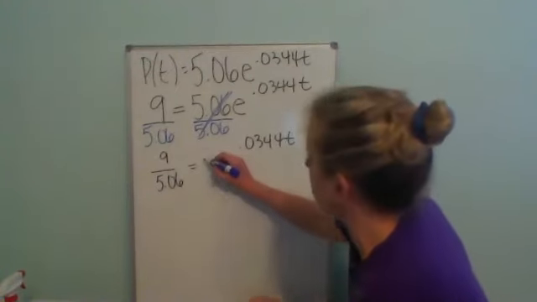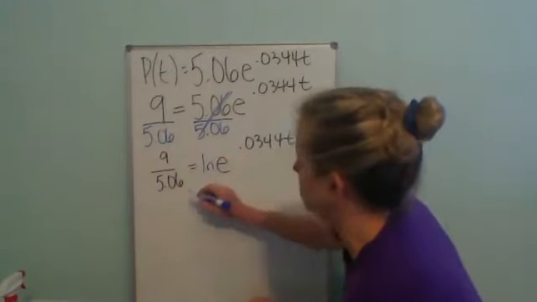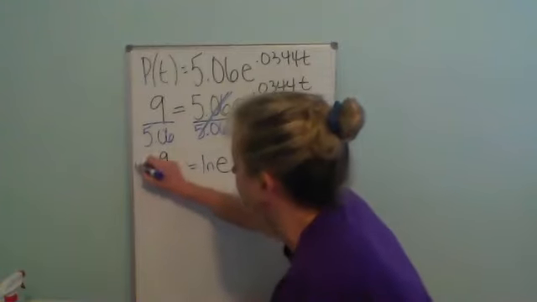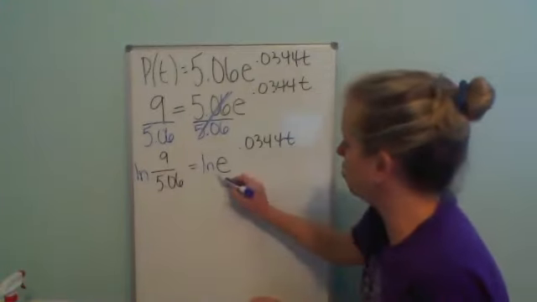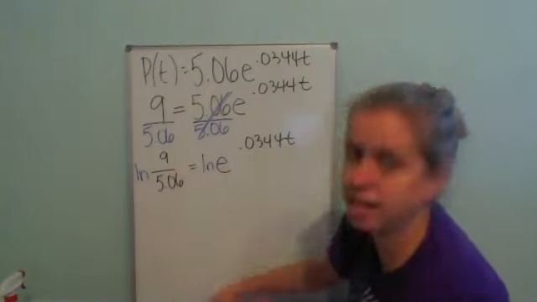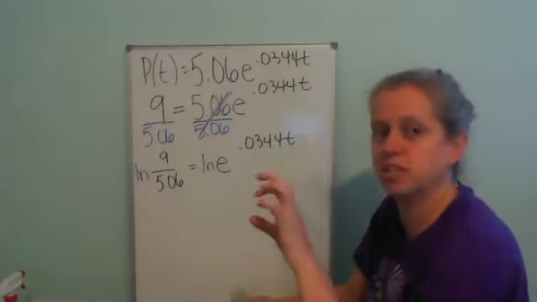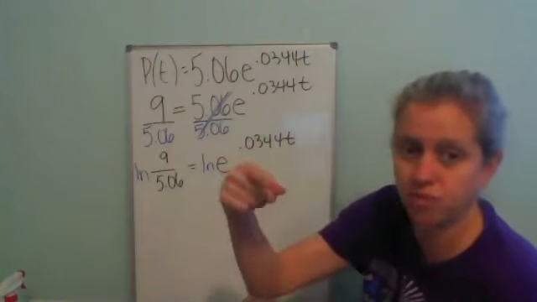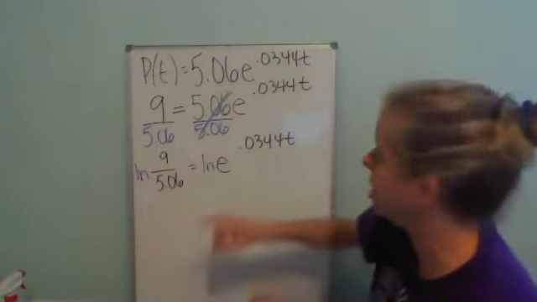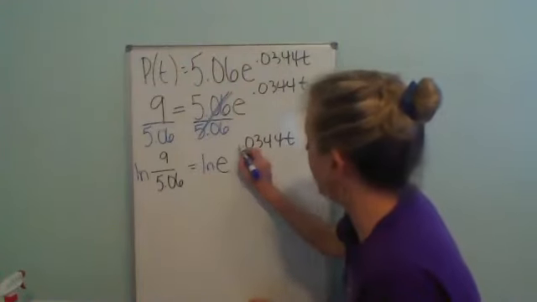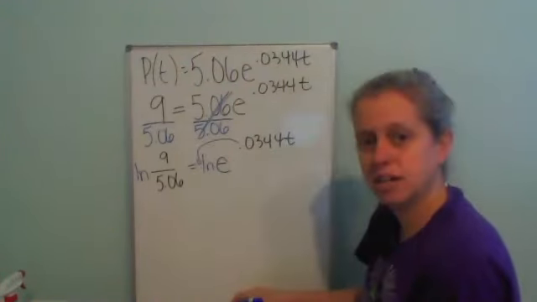That's the natural log. So I'm going to ln both sides. If I ln this side, I'm going to ln this side. Now remember, that's the property of logarithms from that previous section. We're going to use that to bring the exponent down to the front right here.